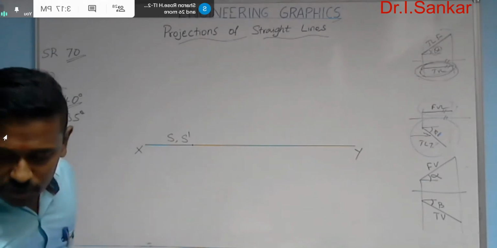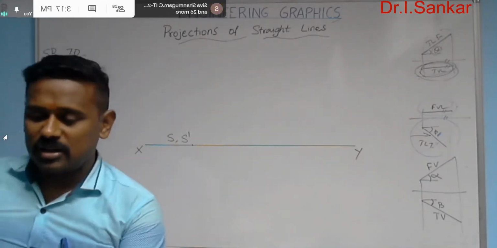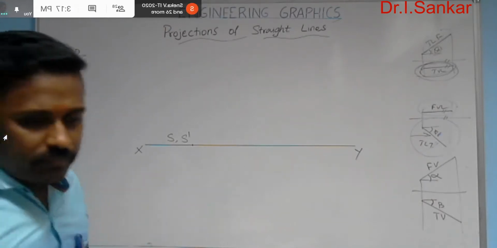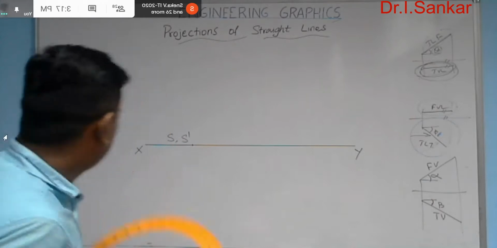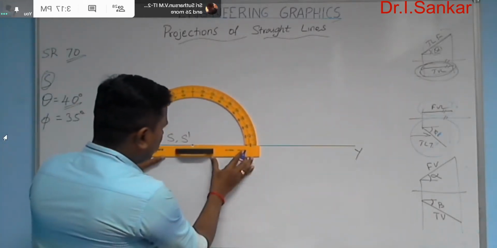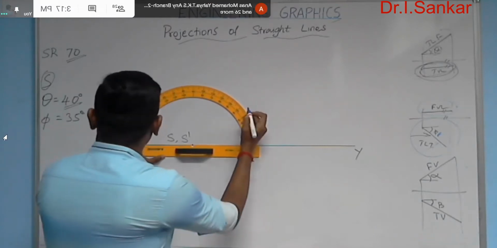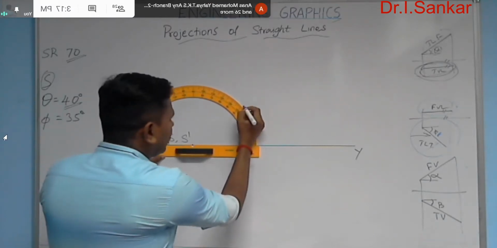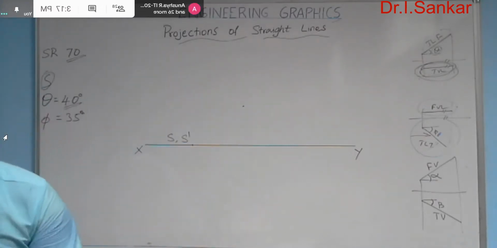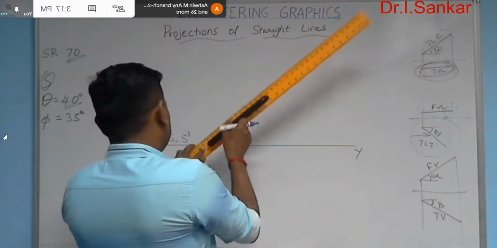So what you can do is, with the 70 mm length and 40 degree inclination, you can draw an inclined line in the front view area, with 40 degree inclination to HP, with 70 mm length.